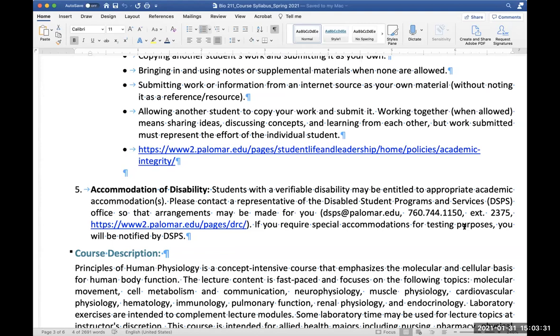We don't get told what the diagnosis is. All we're told is that student A has an accommodation that, for example, requires 2 times the amount of time on an exam. But I need to know that so I can set the exam up to accommodate that if you're in that situation. Okay, moving on.